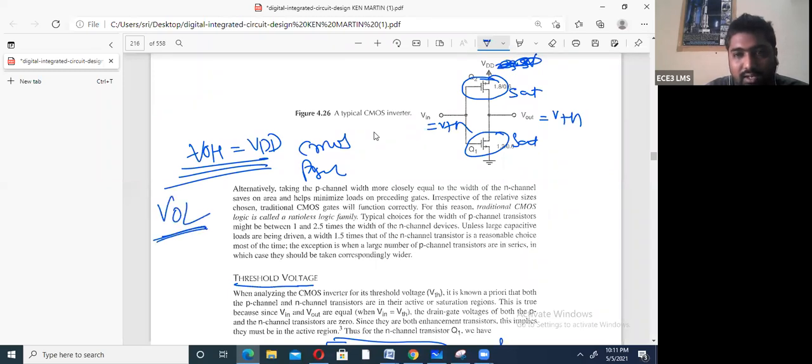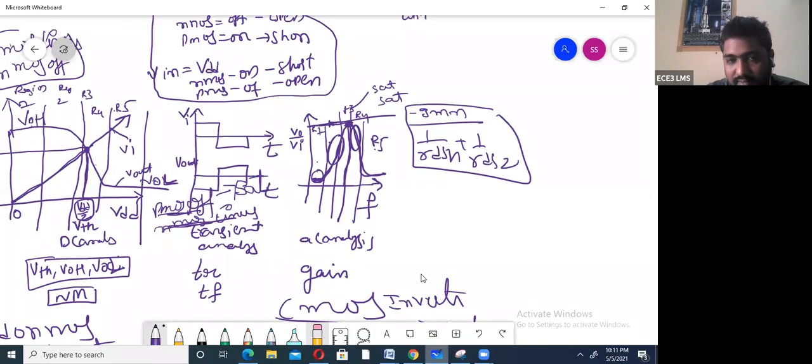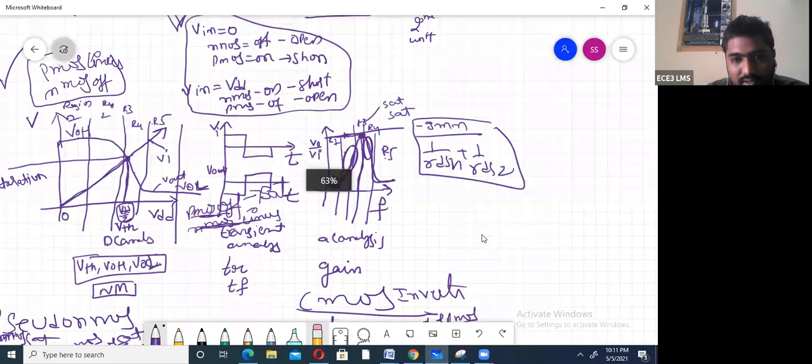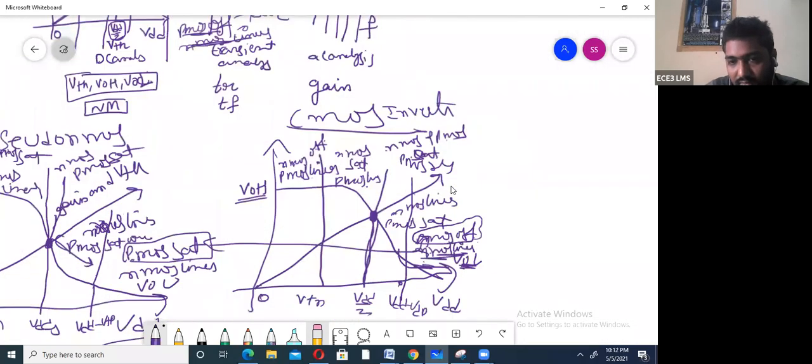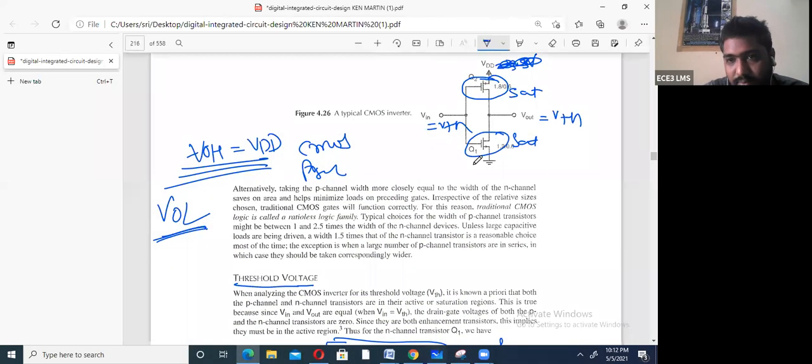Finding VOL in the CMOS inverter, what is the region of operation? To find VOL in the CMOS inverter, what is the region of operation? PMOS off, NMOS linear. So it is very easy. PMOS off, NMOS linear.